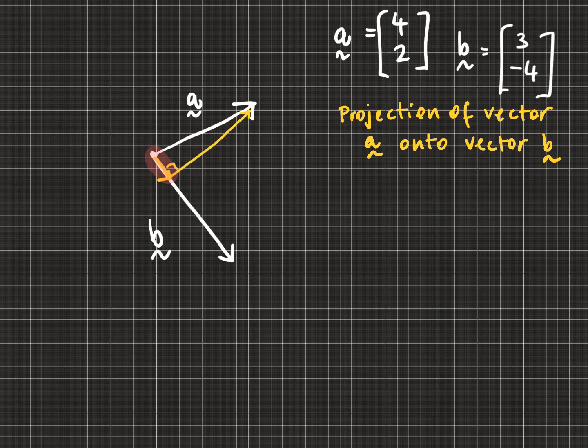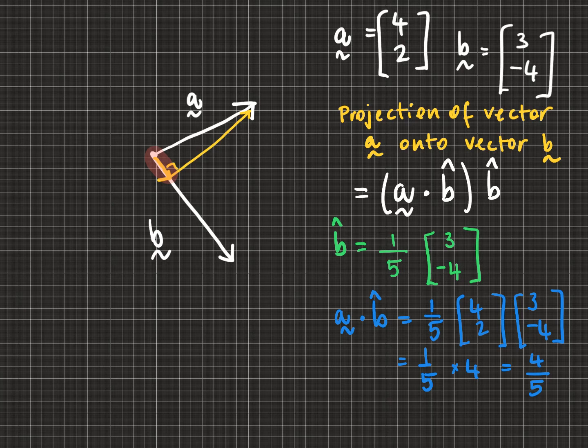Here is the formula. The projection of vector A onto vector B is given by the formula vector A dot B hat, multiplied by B hat. Look familiar? So you know how to actually do the algebra of that, don't you? Why don't you pause the video and give that a go?